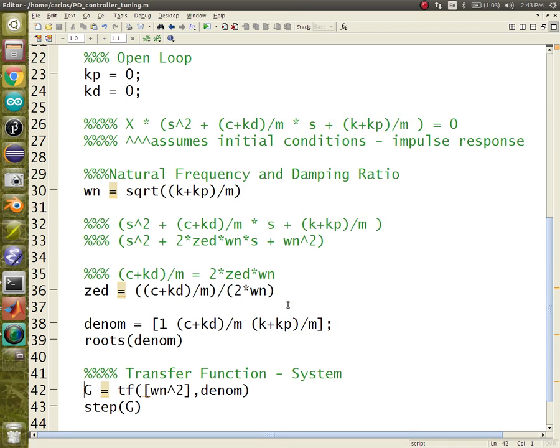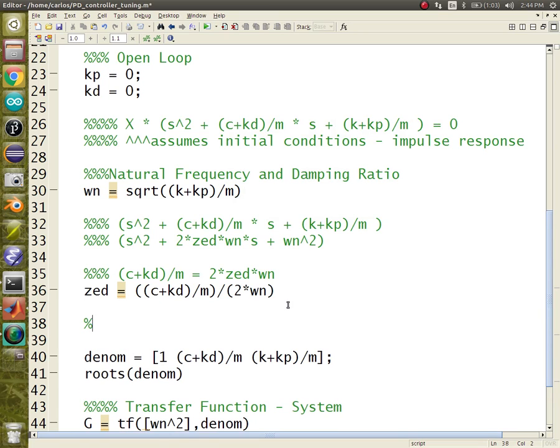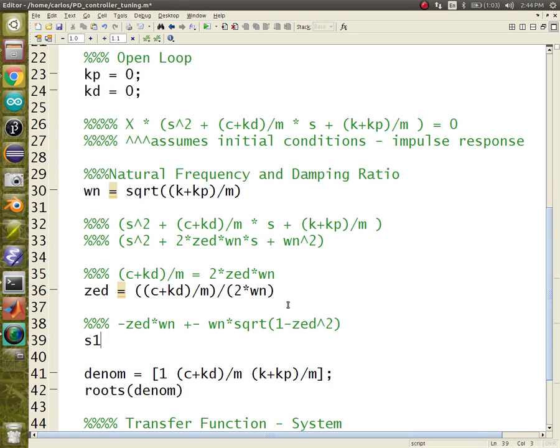Another thing that I could do is use what I actually know they are: negative z times omega n plus or minus omega n times the square root of 1 minus z squared. So s1, my first root, is negative z times omega n plus omega n times the square root of 1 minus z squared.